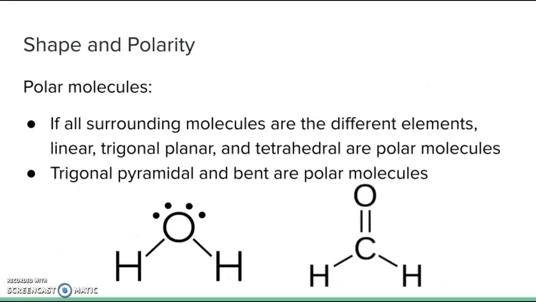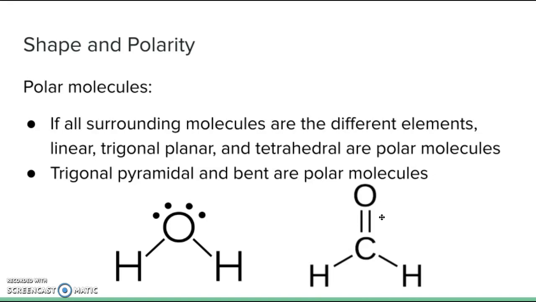If I have a polar molecule, my surrounding atoms are going to be different. Meaning, if I looked at a trigonal planar, they're not all H's, they're not all O's. So I now have this unsymmetrical, or asymmetrical, distribution.